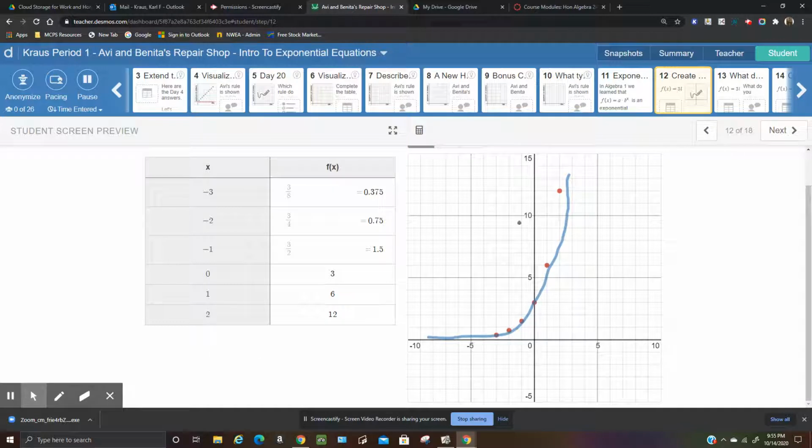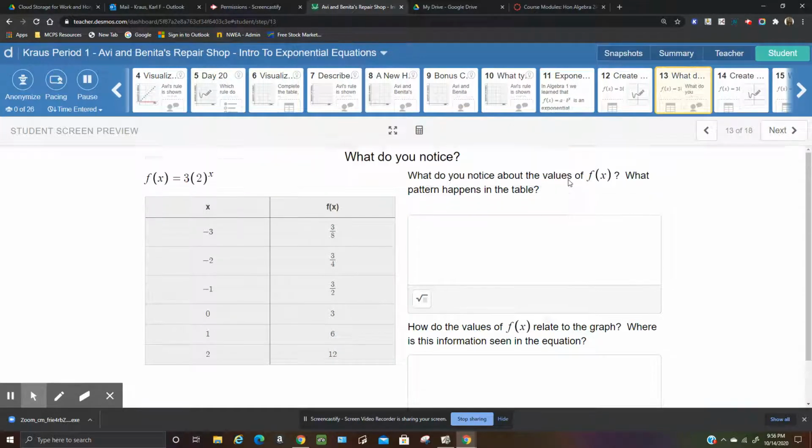Not the best exponential curve, but looks something like that. All right, so here the table left it in fraction form: 3/8, 3/4, 3/2, 3, 6, and 12.